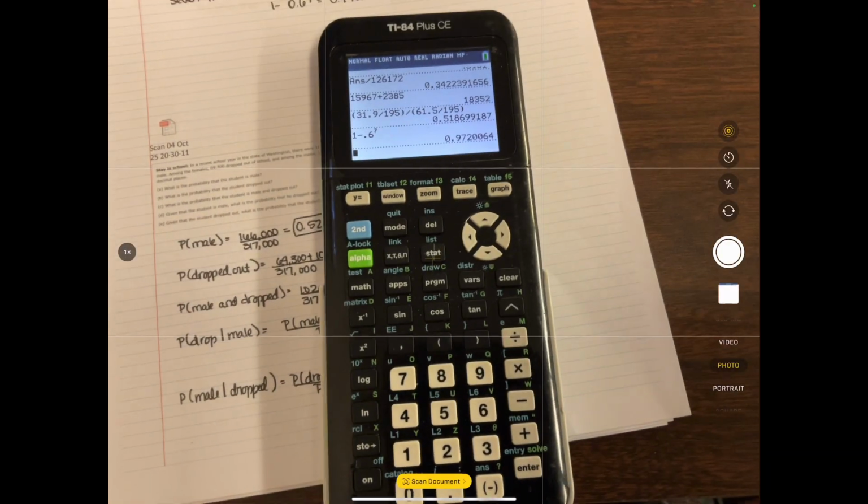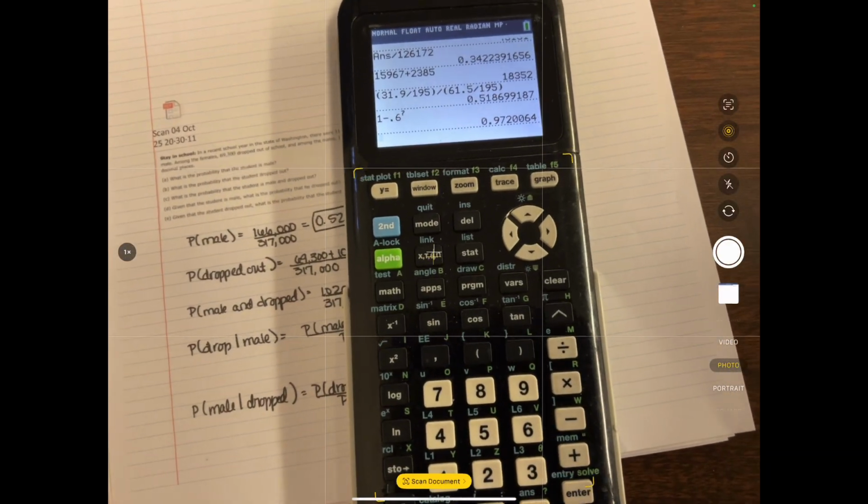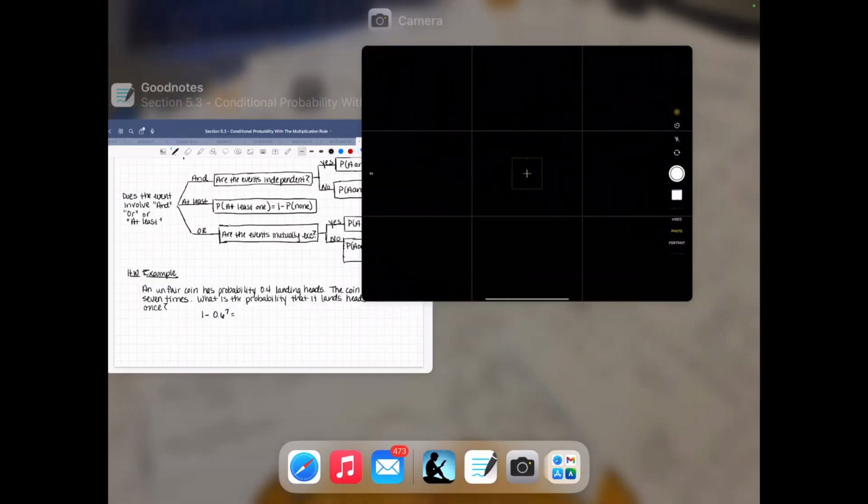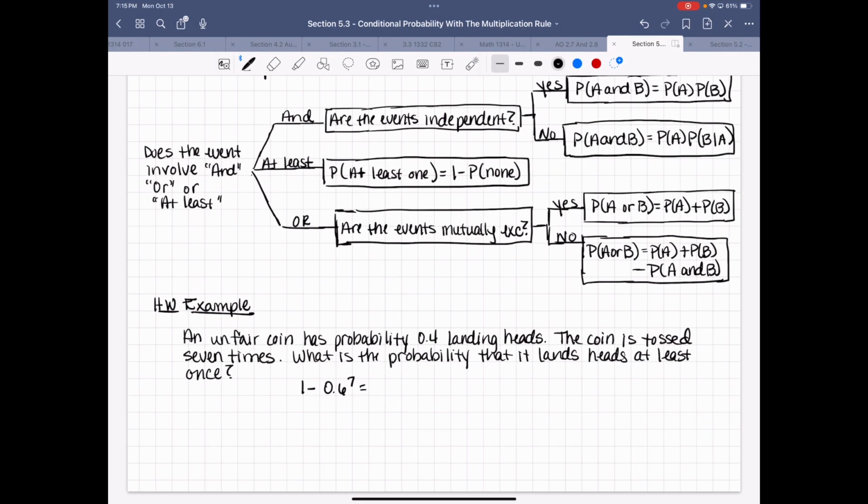Okay, what do we get? I do get 0.972. So it's saying what is the probability that it lands heads at least one of those times? If you're betting, I'd bet there's a 97% chance that it's going to land heads at least one of those times.